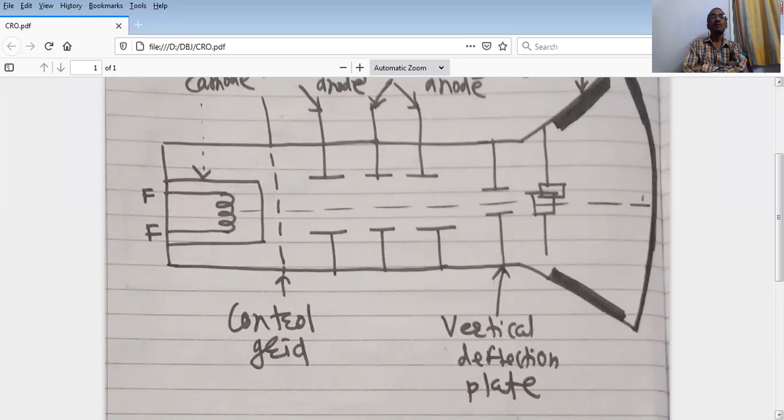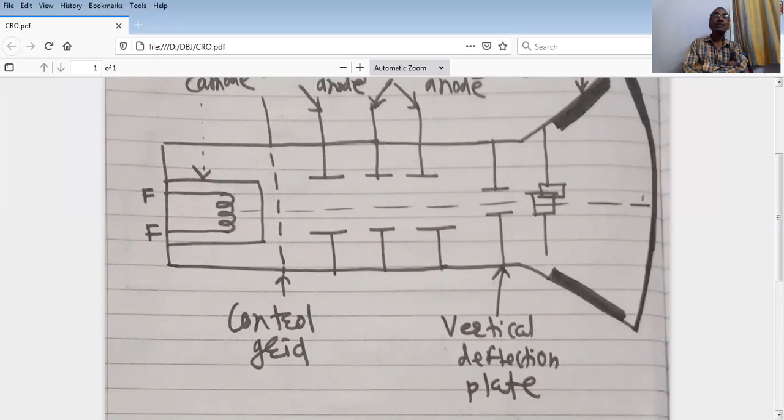That means the electron beam coming out from the control grid should strike exactly at the center of the screen. For that purpose, this focusing anode is used. Otherwise, the electron beam may strike on the upper or lower part of the screen of the cathode ray tube. This is not the requirement.